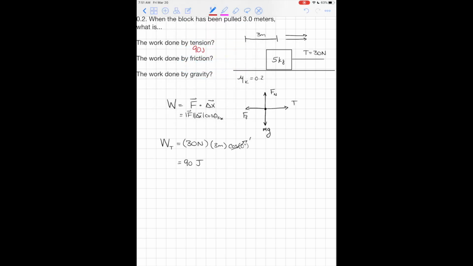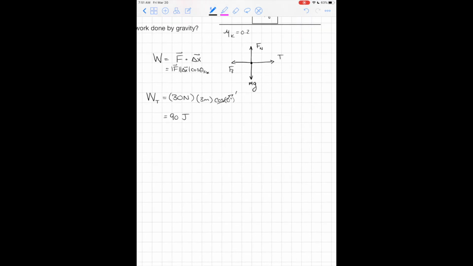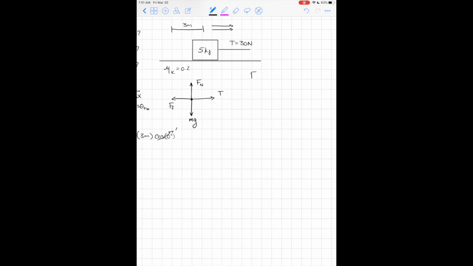90 joules. All right, so now what about friction? To talk about the force of friction, I'm going to need Fn times mu k. Fn, if I quickly do a sum of the forces in the y direction, I'm going to see that Fn minus mg equals 0.